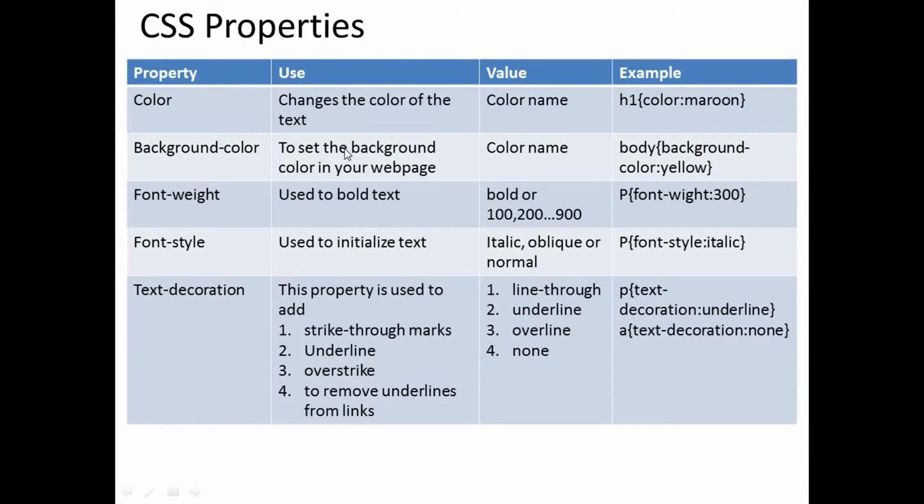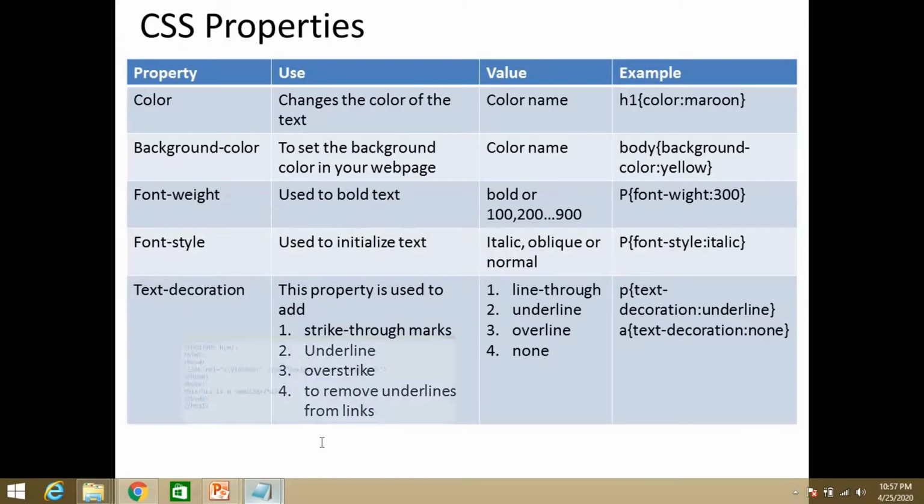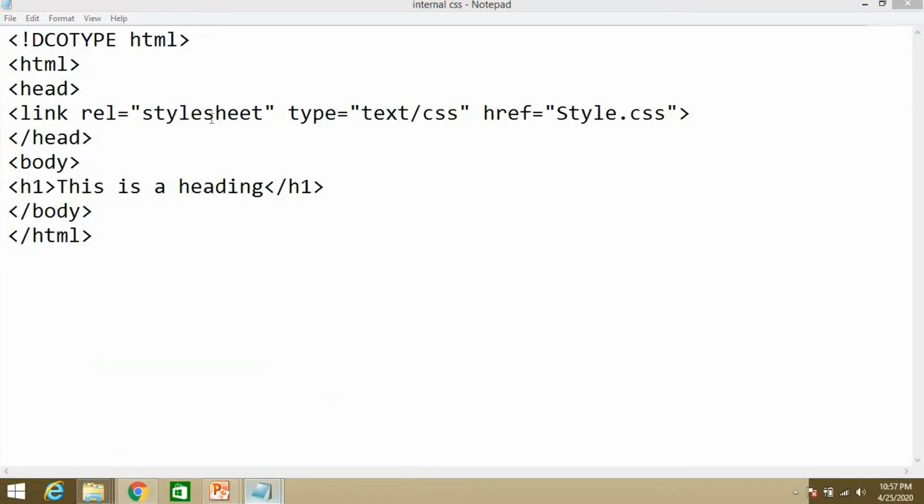Next one is background color, to set the background color in your web page. Example: body background color yellow. Where do you have to write this? Over here, in the CSS file.